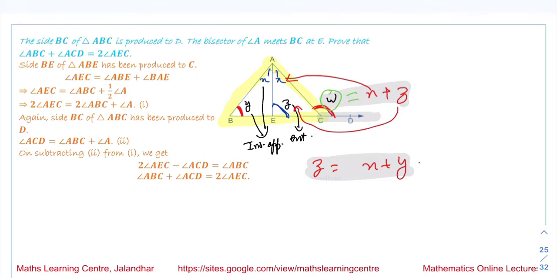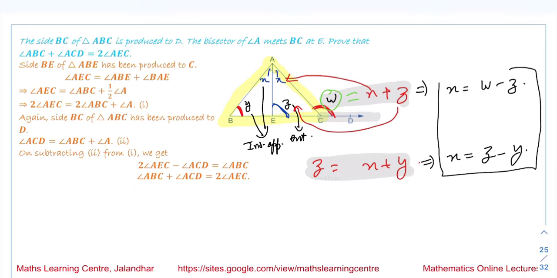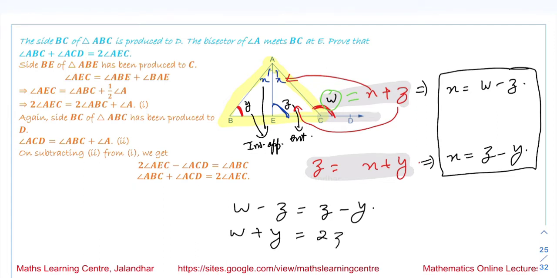Now we find the value of X from both these equations. From the second you get X is equal to W minus Z. From the first equation you get X is equal to Z minus Y. We equate these two and we get W minus Z is equal to Z minus Y. So it is W plus Y is equal to 2 times Z. Now what is W?